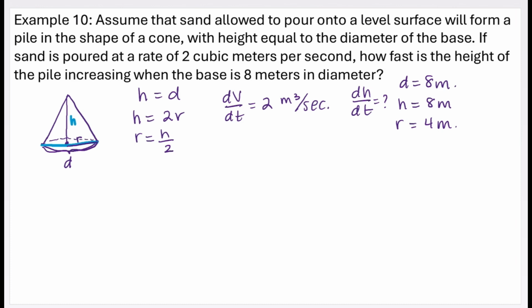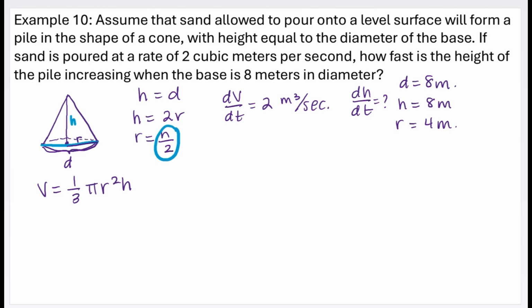So I have the volume is equal to 1/3 pi r squared h. But instead of writing r squared, I'm going to replace r with h over 2.